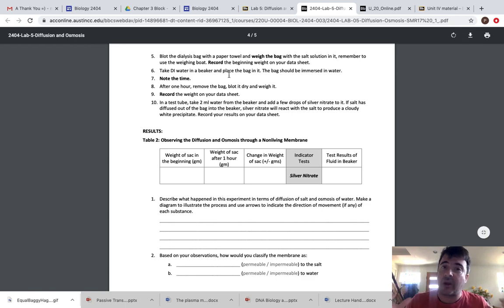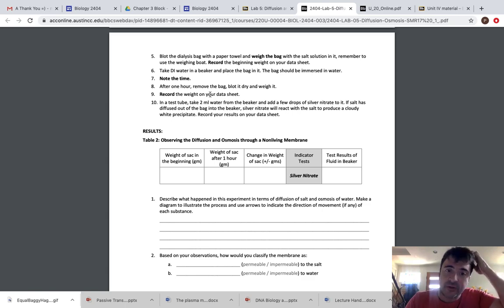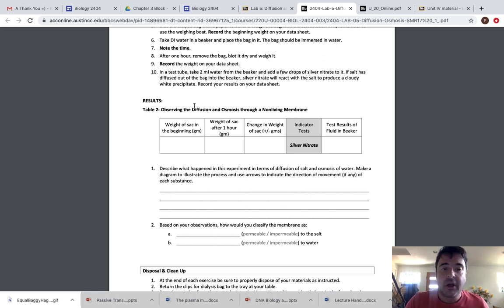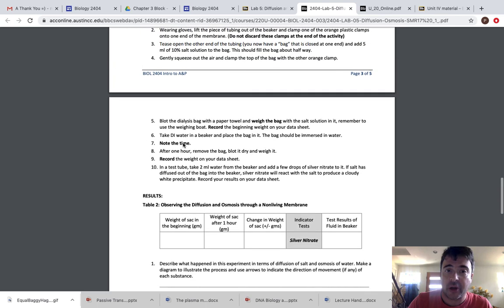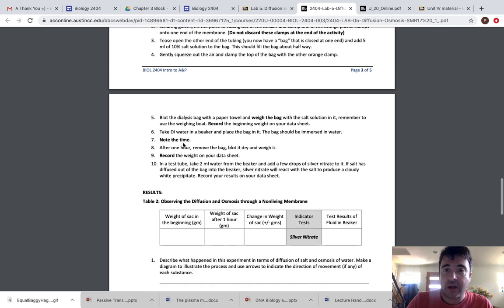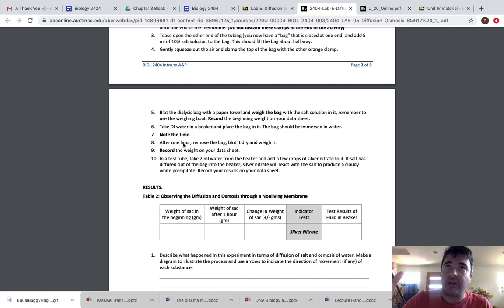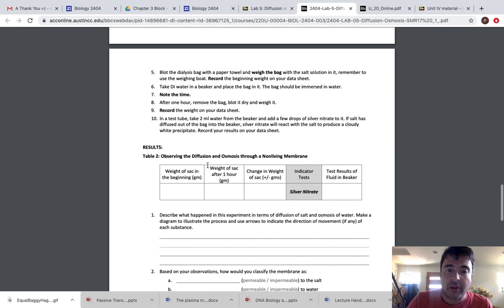We're essentially going to make an artificial cell out of dialysis tubing, and we're going to do two things. I'm going to get the weight of that artificial cell given the different parameters, so make sure to look at what's inside the cell, right, and what's the solution that the cell is soaking in, because we're trying to define tonicity characteristics, and if you understand tonicity, you'll understand what the expected results of this particular lab activity are.